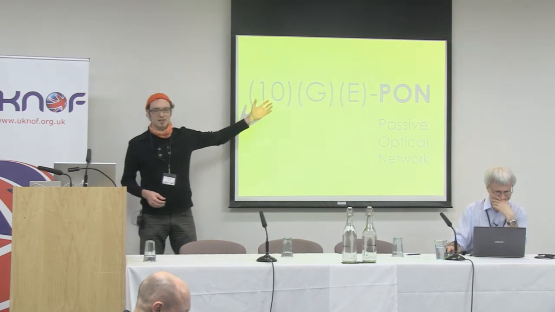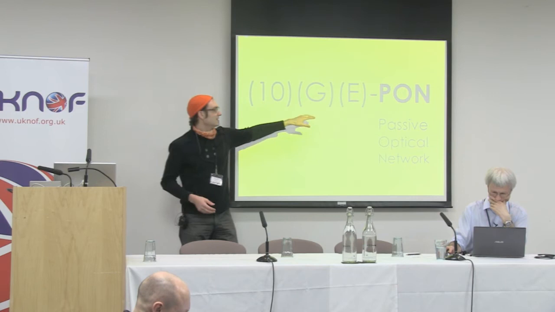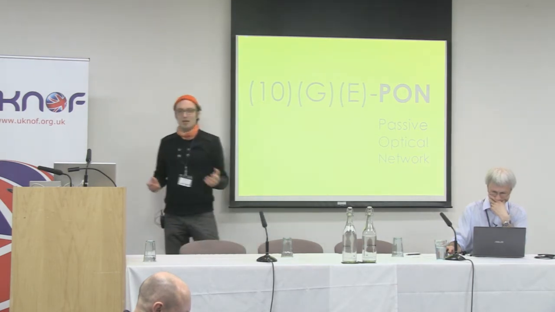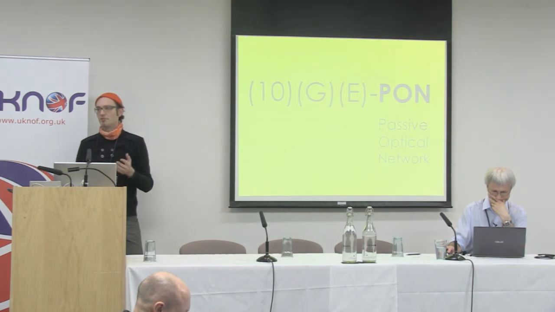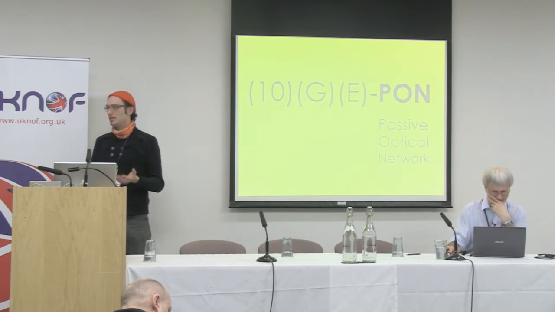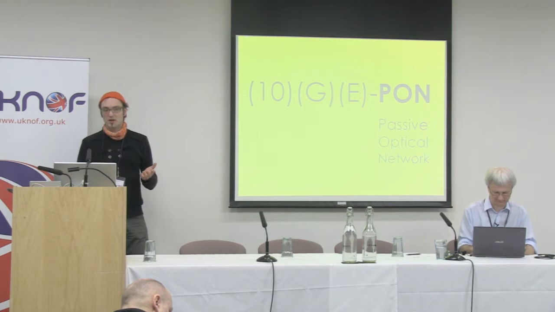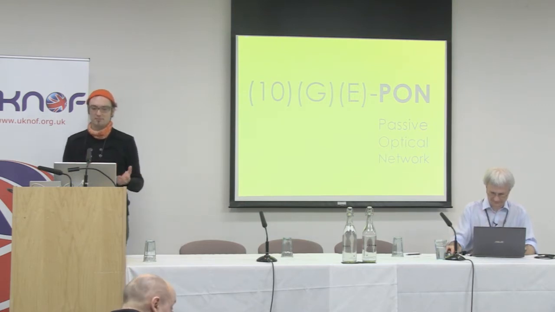The 10 stands for 10 gigabit, the G for gigabit, and the E is basically Ethernet. You can mix them up in all kinds of variations. For example, 10 GE PON is 10 gigabit over Ethernet. You can also make 10G PON, which would then be a TDM-based technology, known from ATM for example. And that's basically it about this acronym.